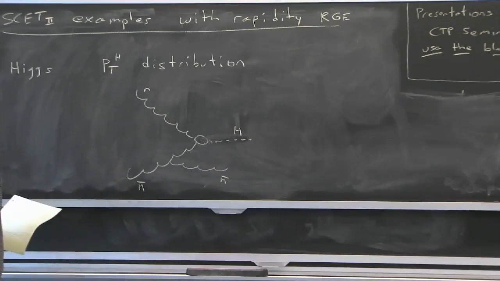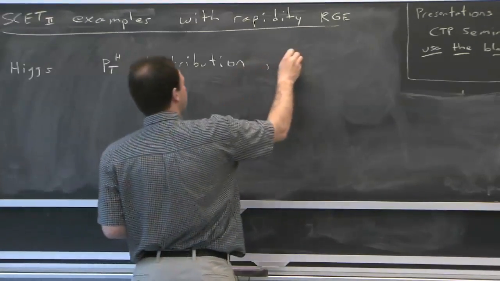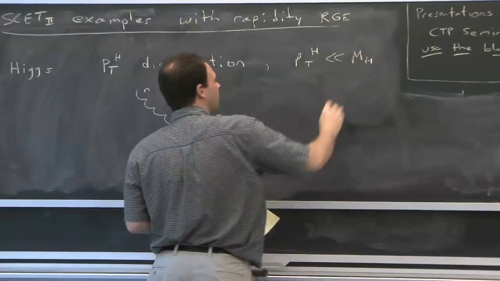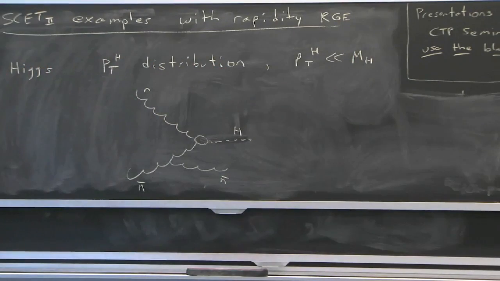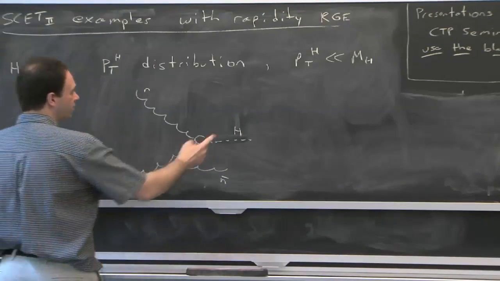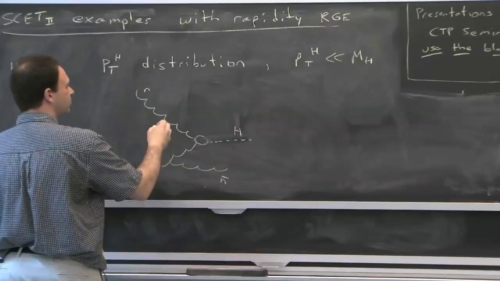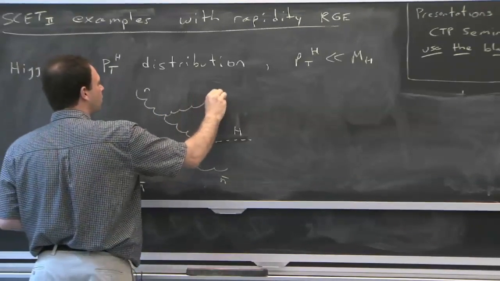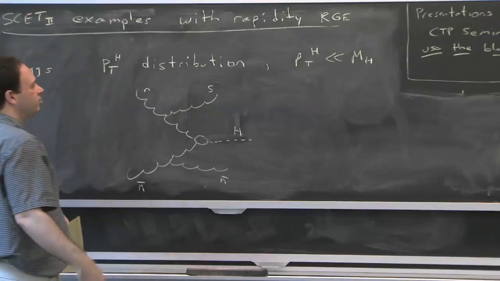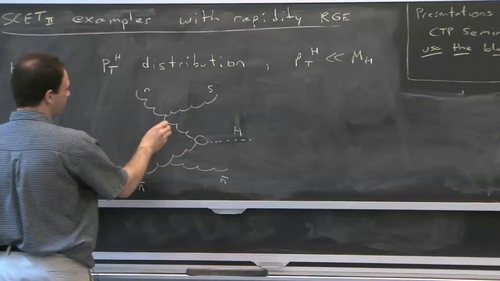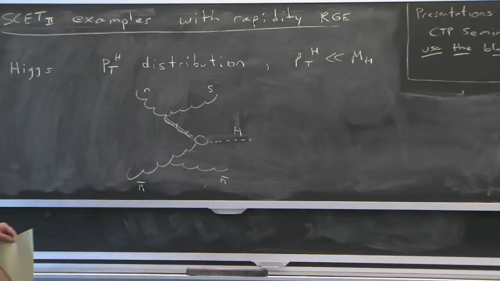If we have a PT_H distribution and we think about the limit PT_H much less than the mass of the Higgs, there are some logs that you would want to sum, for example. So you could have collinear modes in the final state that would fit within this kind of kinematic setup, but you could also have soft modes. Soft modes have the same size of PT as the collinear modes, so they would be allowed, and this propagator here would be off shell. So it's an SET2 problem.